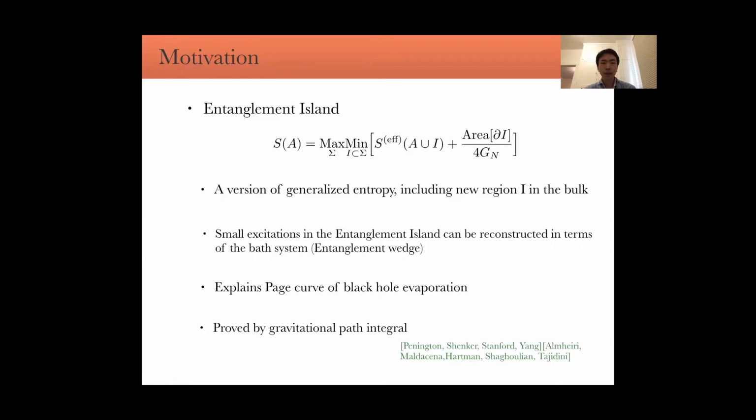And the nice thing about it is that this formula can explain the Page curve of black hole evaporation. As a result, it resolves the black hole information paradox. And it's also not just a conjecture, but can be proven using the gravitational path integral.